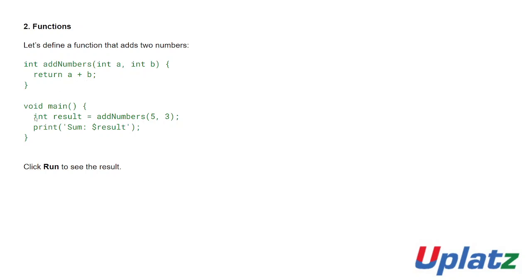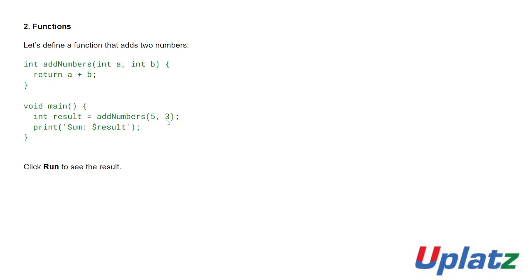So here it is int. Void main. I told you that it first seeks the main function, void main, then runs it. Int result is equal to, it is initialized to that value. It returns that value, addNumbers 5, 3.